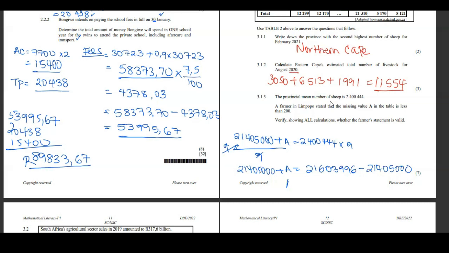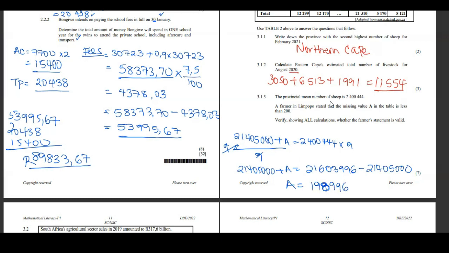See that? So the value of A becomes 199. Sorry, becomes 198,996.